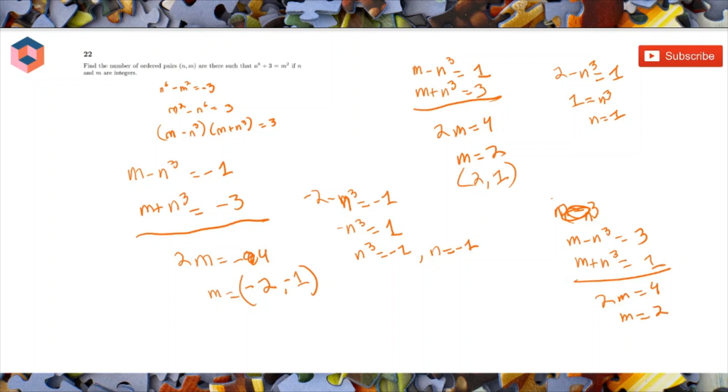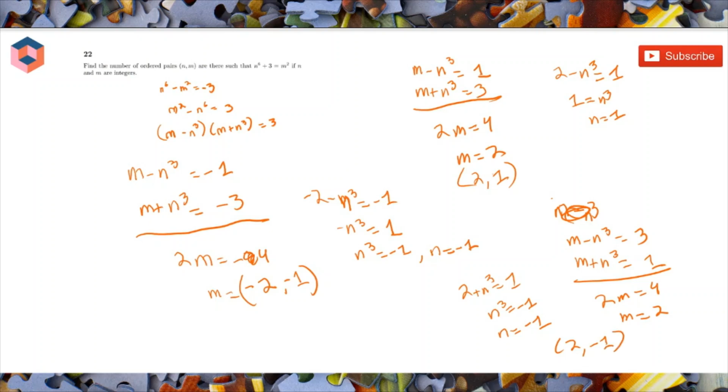It's just 2 for the x term and 1 for the y term, but the signs keep on getting flipped. So we have m equals 2, and we suspect y is probably 1 or negative 1. By y, I mean n. So we have 2 plus n cubed equals 1. So n cubed equals negative 1, and we're right. N is just equal to negative 1. So we have another solution, (2, negative 1).